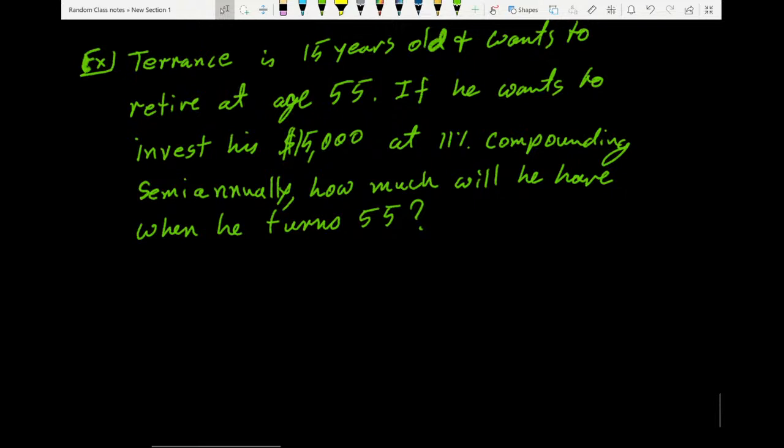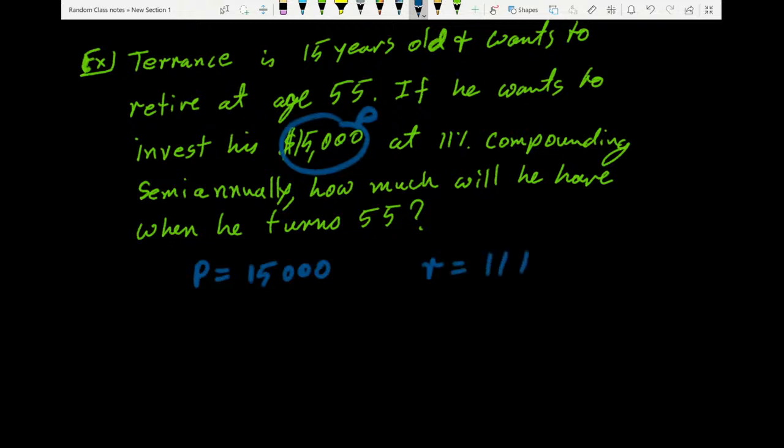So let's figure out what's P. That's P right over here: 15,000. What's R? R is 11%. Oh, we've got to convert that into a decimal: 0.11. What is N?